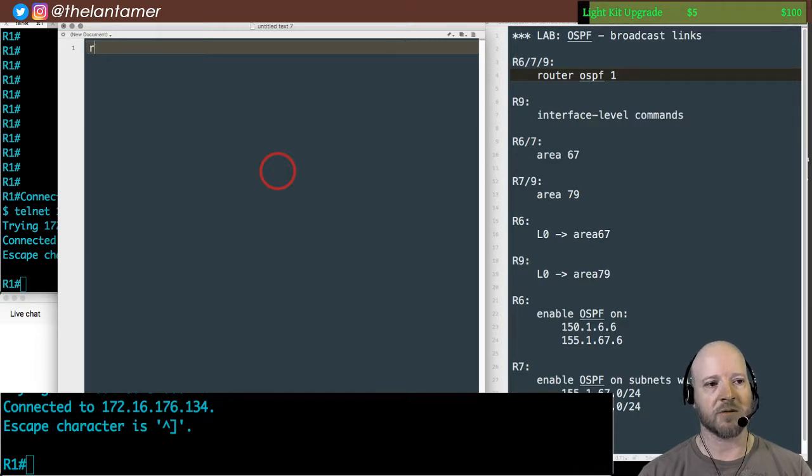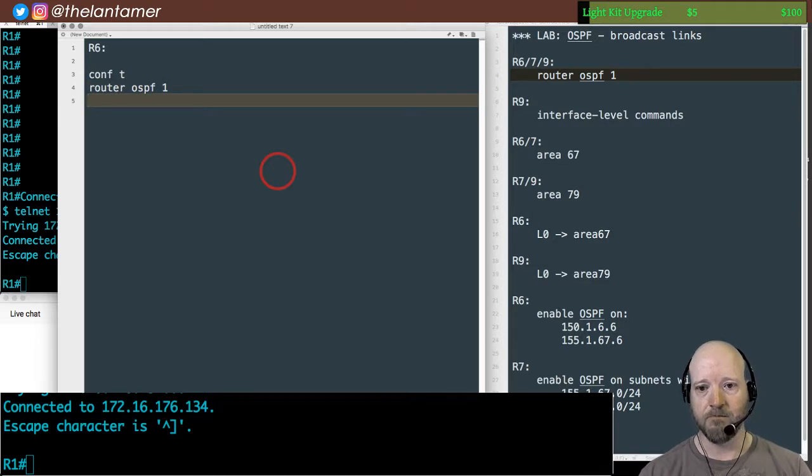So router 6, for example, we're just going to say config T, router OSPF 1. And we will say here network. What are the networks?